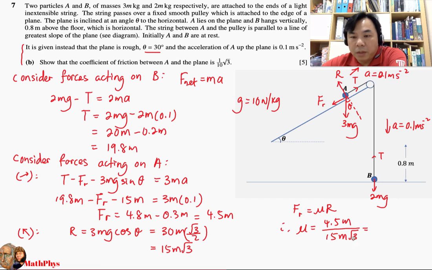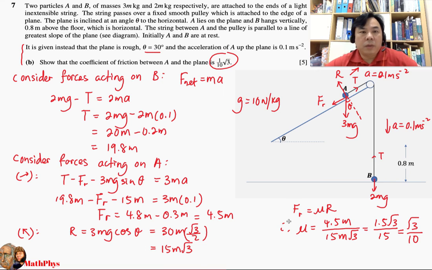In this case, m can cancel off. So 1.5 over 15. So therefore you actually have root 3 over 10. We have managed to prove that the coefficient of friction is given by root 3 over 10.